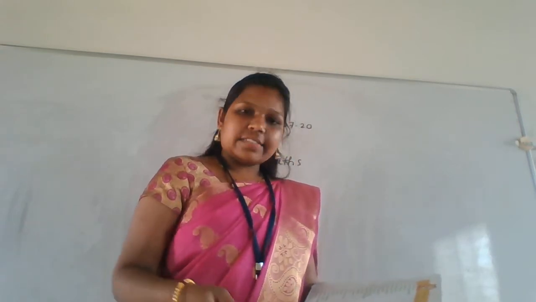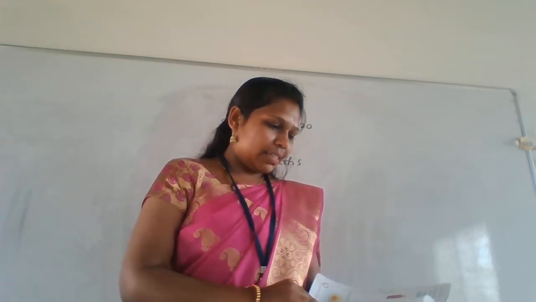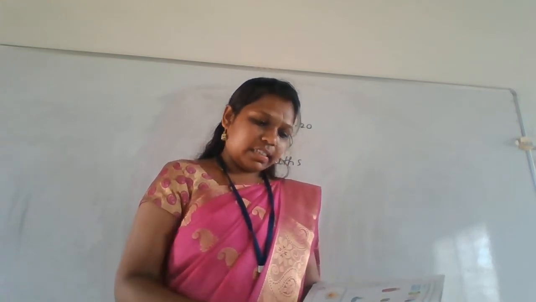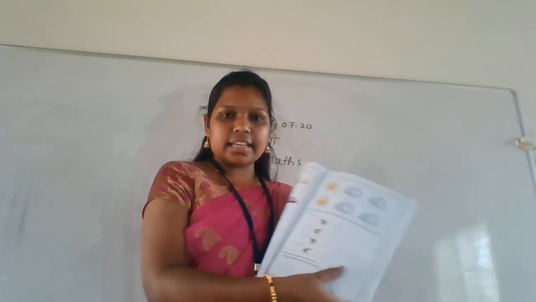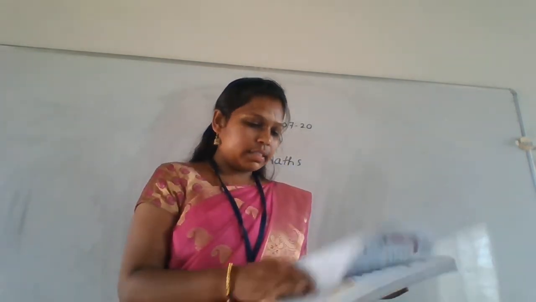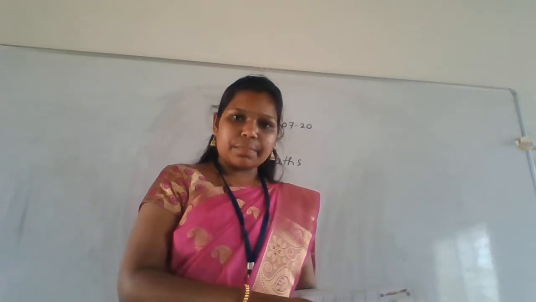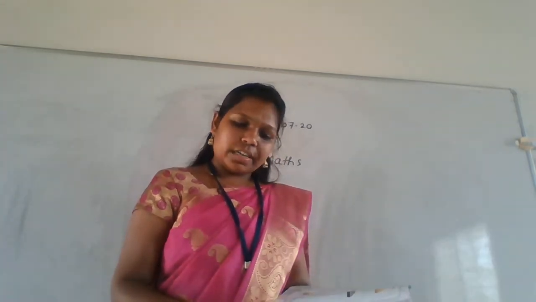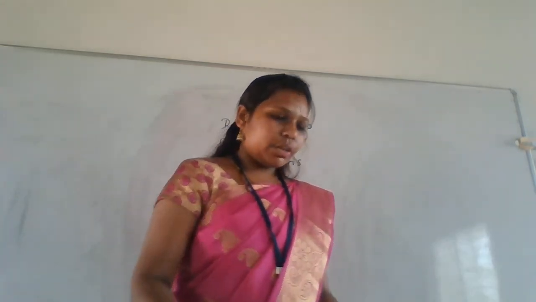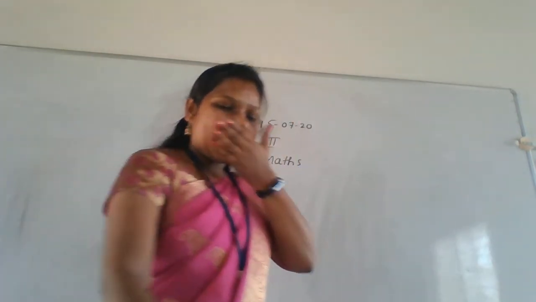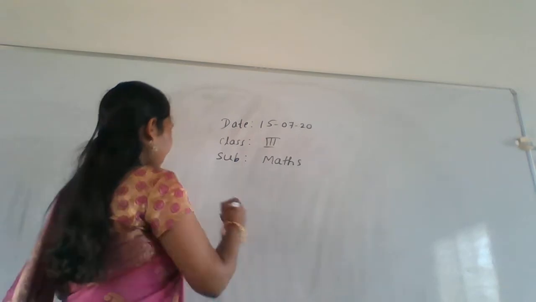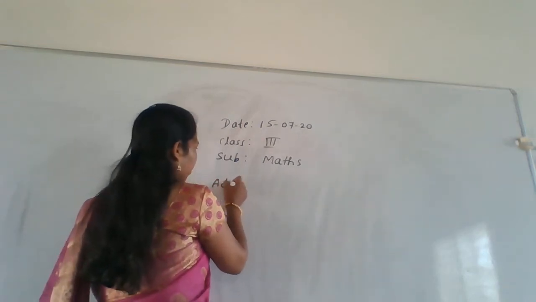So in the last class we studied patterns, the bigger number and smaller number, coloring these balloons, and next, even numbers and odd numbers. You already know those things. Today we'll study how to add numbers.